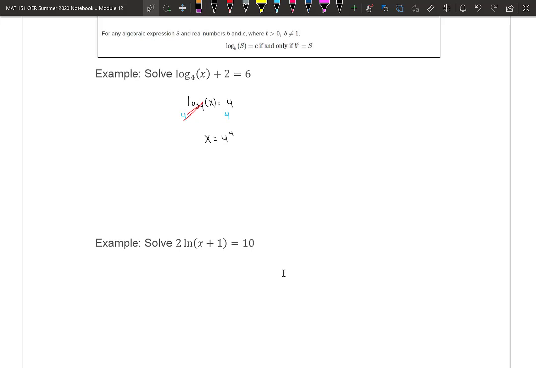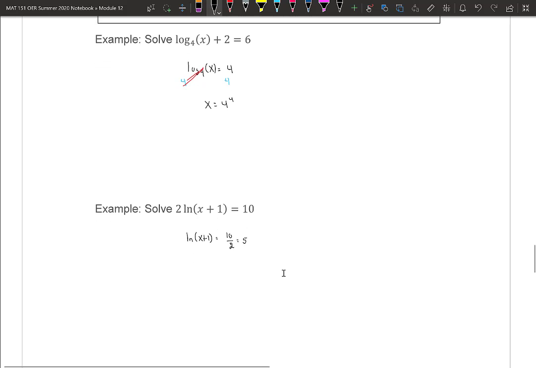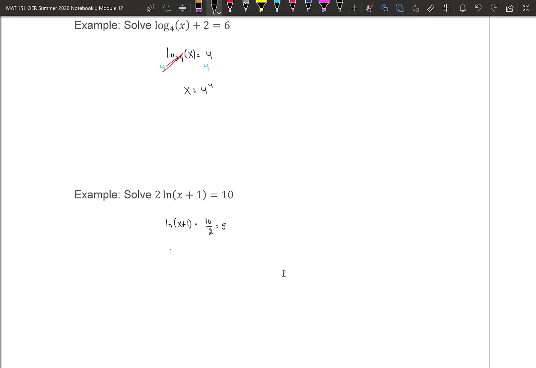Same idea here, right? First, isolate the log. So I'm going to divide that 2 to the other side. So the natural log of x plus 1 is equal to 10 over 2, or 5. And with natural log, what I'm going to do is take both sides with a base, or raise both sides with a base of e.